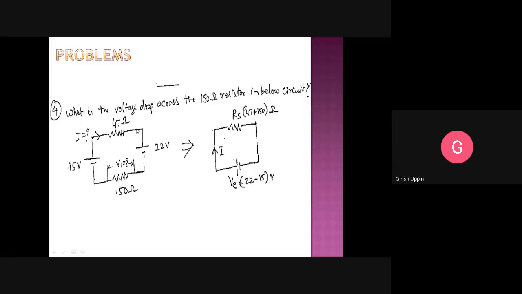But if you see, there is only one path, right? There is no way the current can change. If, let's say, 10 amperes is flowing, the same 10 amperes will flow in this path. So whatever current flows in this particular resistor, the same current will also flow in this particular resistor.